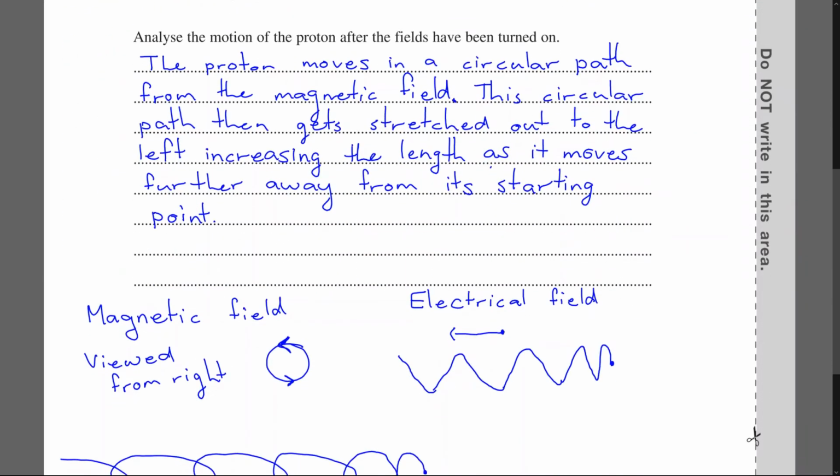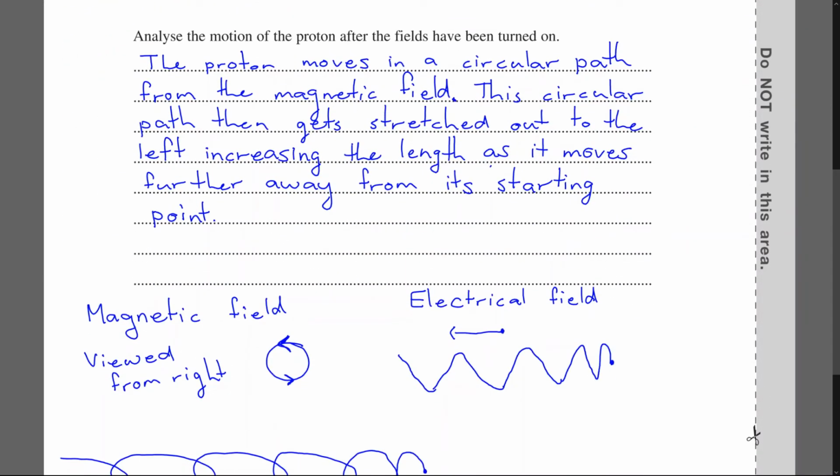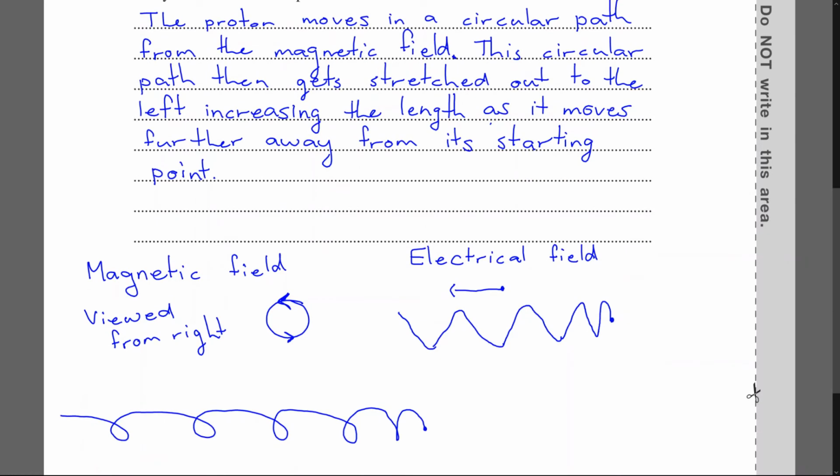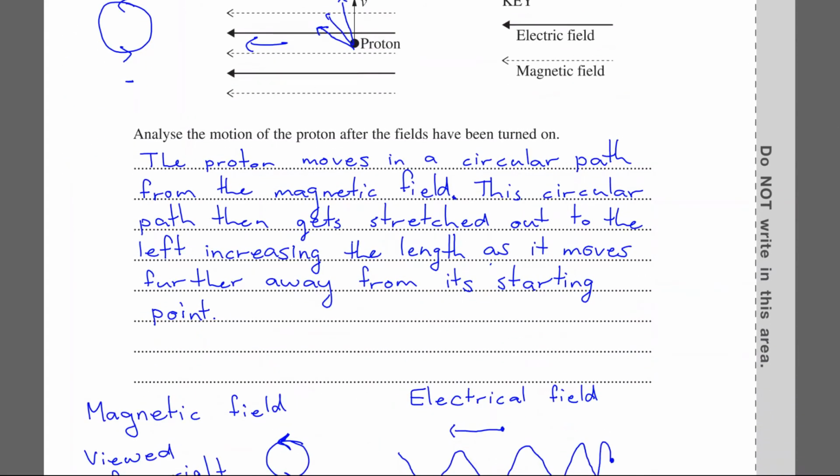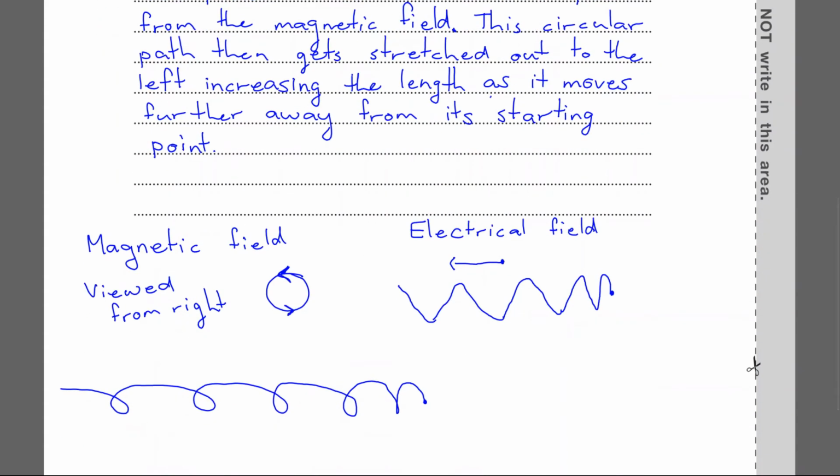Oh, and one more thing is we can talk about the radius of this orbit, of this spiral. Now, if we assume that the fields are turned on, but they're not supplied by a constant energy source, especially when it comes to the magnetic field, then we can say that because we have the proton, which is traveling in an anti-clockwise loop, and it's accelerating, it's releasing electromagnetic radiation.